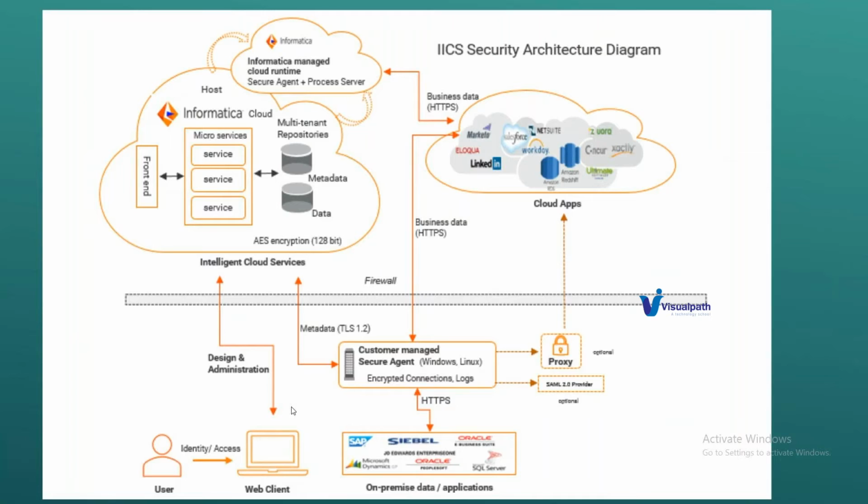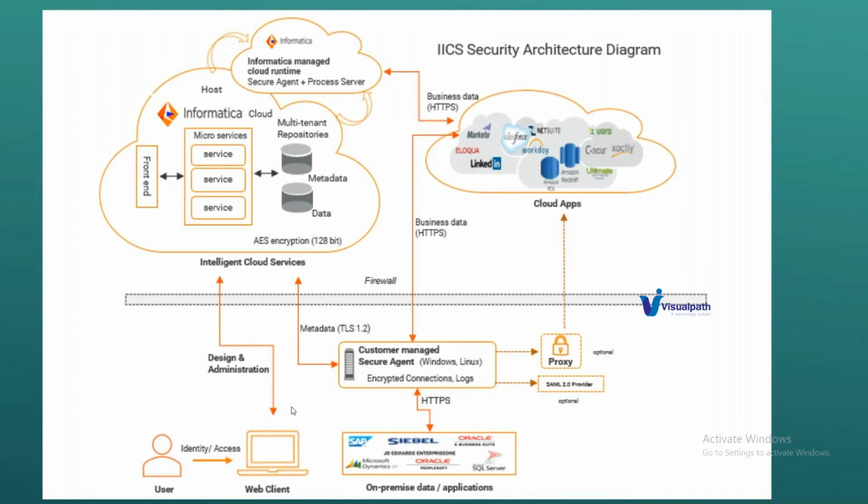For example, you want to connect to a flat file or to an Oracle instance. How do you connect to it? There should be communication between the secure agent and your Oracle instance, so that it can import the table, read the table data, and load the data into the target. That's how the customer managed secure agent would work.